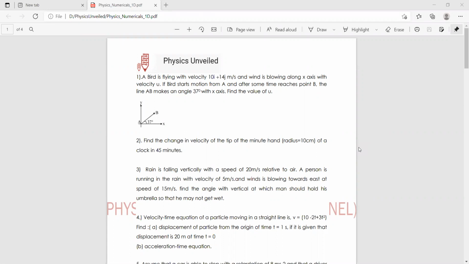So I thought, why not collect the best numericals, which will touch all the concepts that we have read so far, so that our understanding of this particular topic grows more solid.